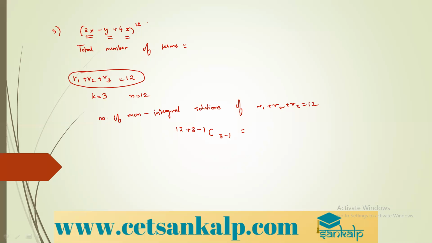That is 12 plus 3, 15 minus 1, 14 C2. That means start with 14, take two numbers, by 2 factorial, 2 sevens. So total 91 terms are there in this expansion.